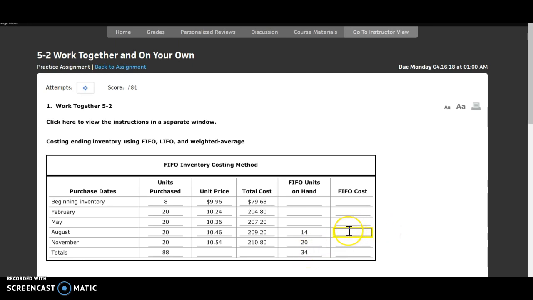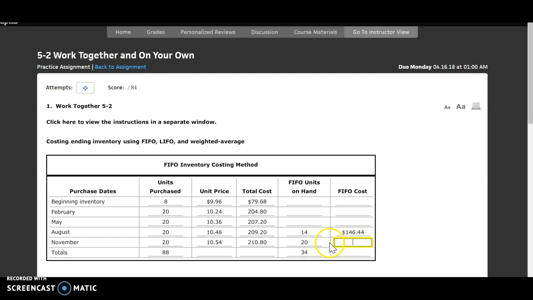Now the next thing that we're going to do is figure out our FIFO cost. So we're only going to do it for the inventory that we have left. So those 14 were priced at $10.46 a piece. So my FIFO cost then for that is going to be $146.44. I used all 20 of those, so this is going to be easy.